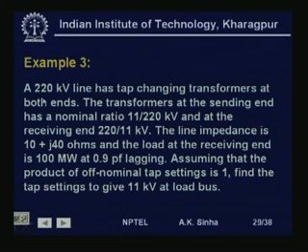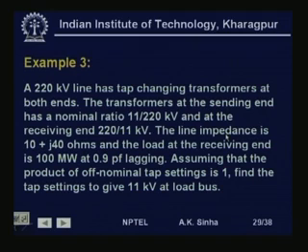Now, let us take another example. A 220 kV line has tap changing transformers at both ends. The transformer at the sending end has a nominal ratio of 11 to 220 kV, and at the receiving end 220 to 11 kV. So, a step up transformer at the sending end, a step down transformer at the receiving end.